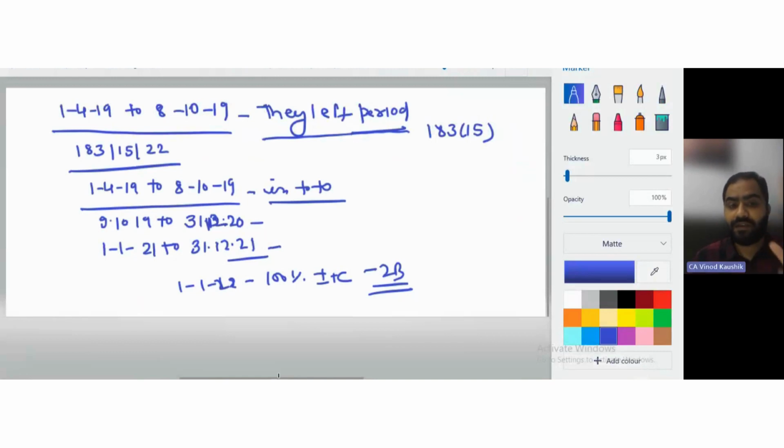So now we have certain provisions wherein the input tax credit practically was not allowed.